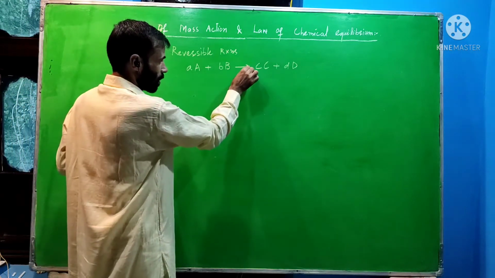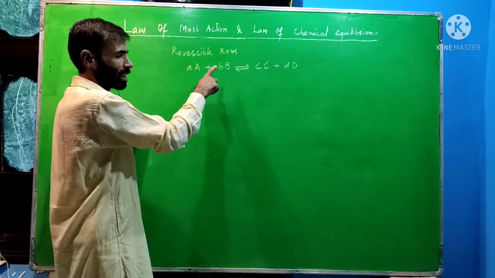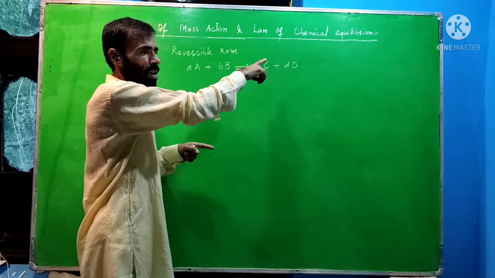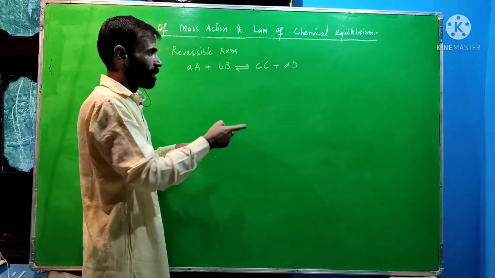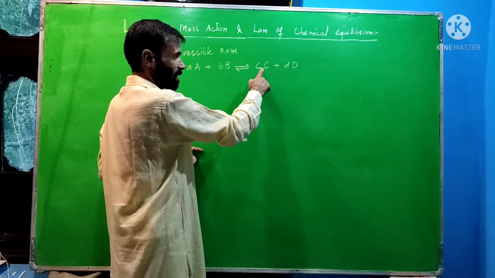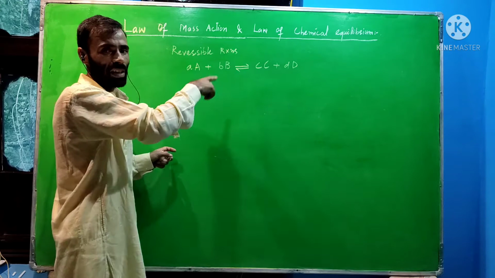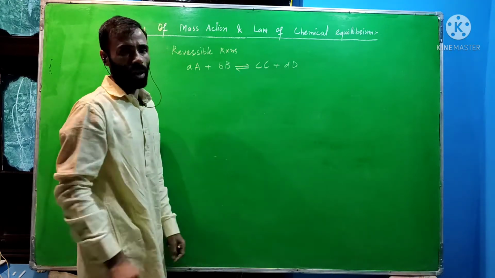So if this occurs in a reversible way, when these two reactants react with each other, leading to formation of products, after some time these two products start reacting with each other, leading to formation of these reactants, then we call this reaction a reversible reaction.